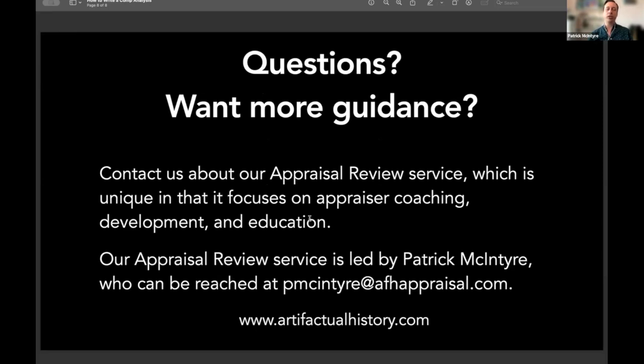One of our services is our appraisal review service, and I think people are used to thinking of appraisal review as a reappraisal of a pre-existing work. But USPAP says appraisers have broad leeway in determining what a review is or what the scope of a review is.